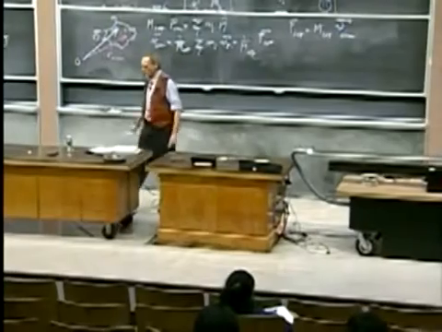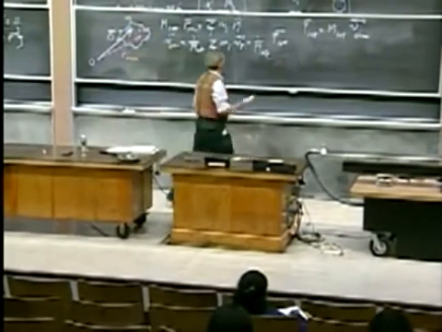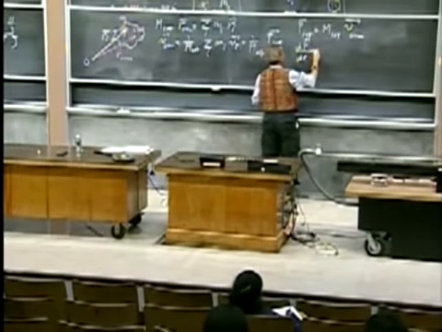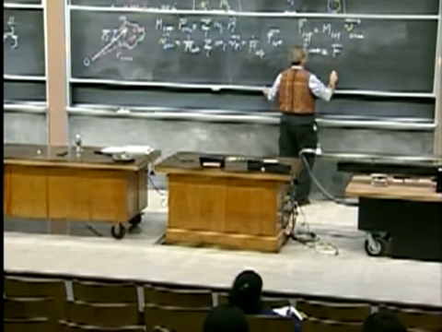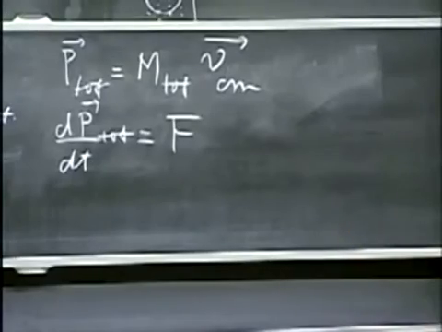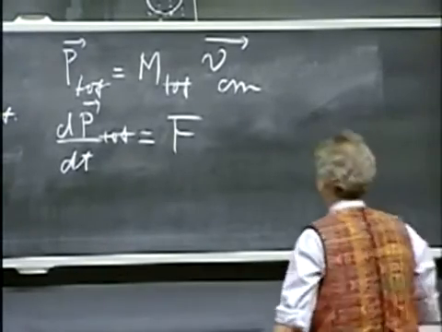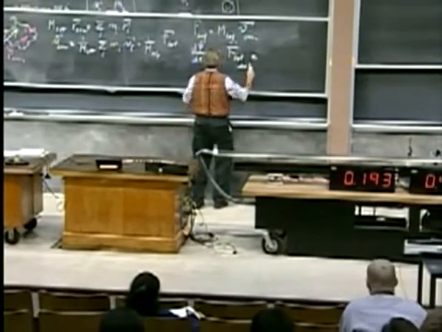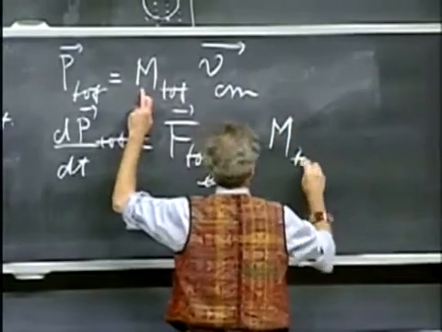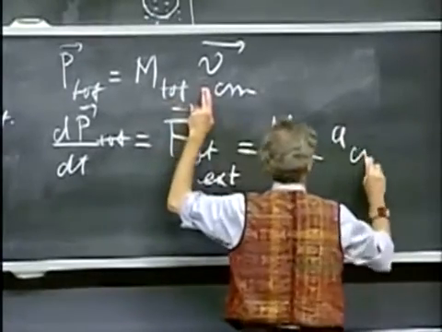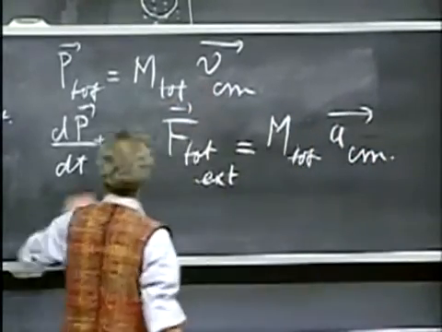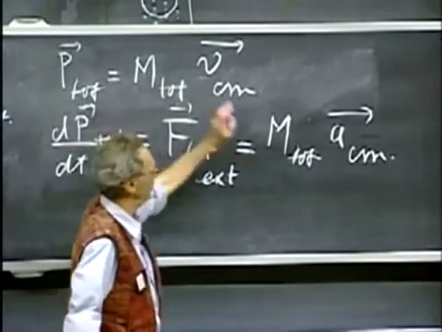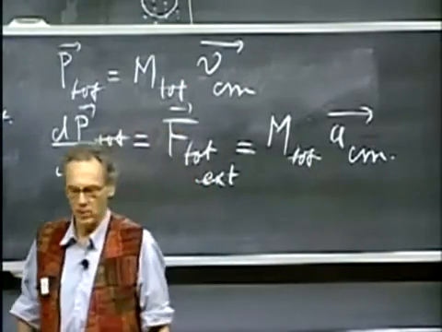And if I take the derivative of this, then dp/dt of the total momentum, of which we learned that dp/dt is the total external force. We already learned that earlier. That now is the total mass of the system times the acceleration of the center of mass. Because I take the derivative of this equation, that gives me the d/dt here, and the velocity changes to acceleration.